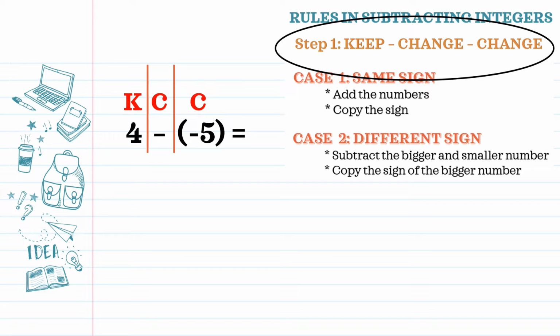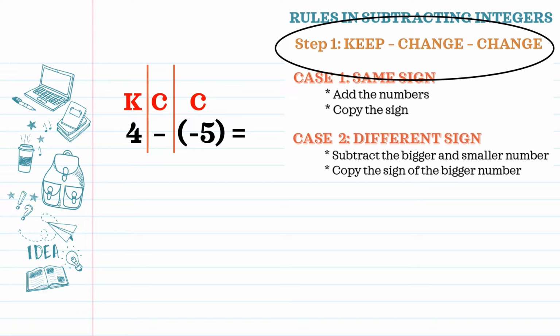So for letter K, we are going to keep the sign of the given integer, which is positive. For the first letter C, which is change, subtraction will be changed to addition. And then for the second letter C, the negative 5 will be changed to its opposite, which is positive 5.